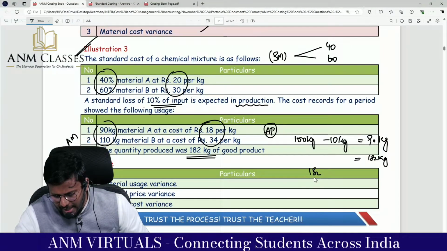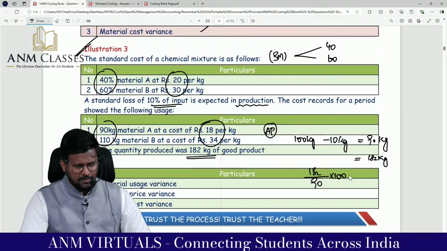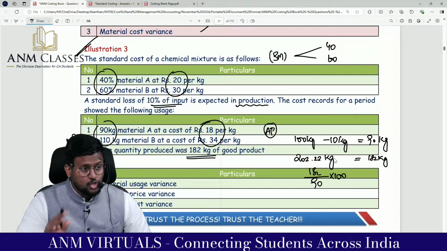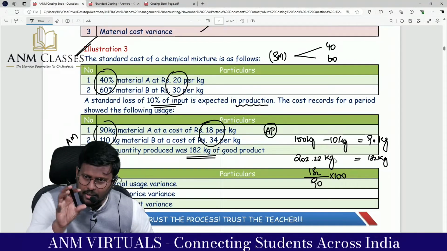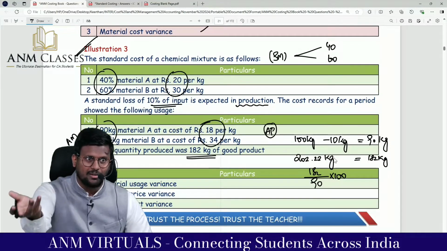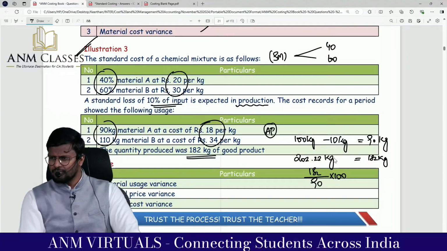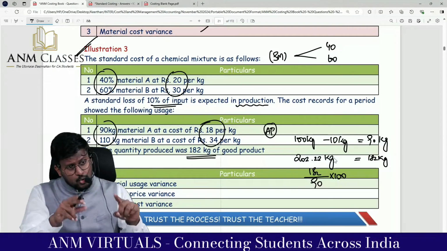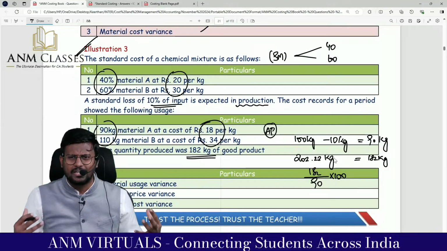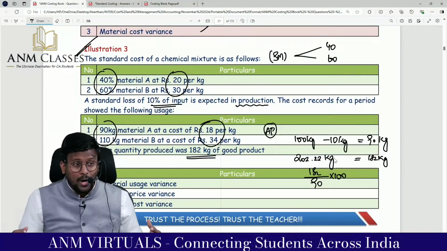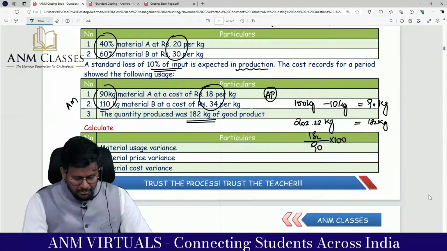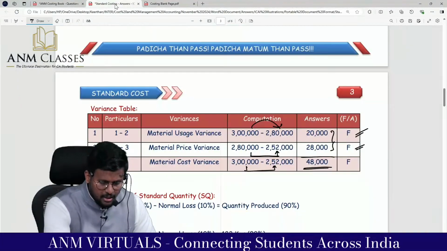So 182 divided by 90 into 100 means 202.22 kg should be the standard quantity of both raw materials. I have to classify that into standard mix, then only I will get the standard quantity. Calculate material usage variance, material price variance and material cost variance.